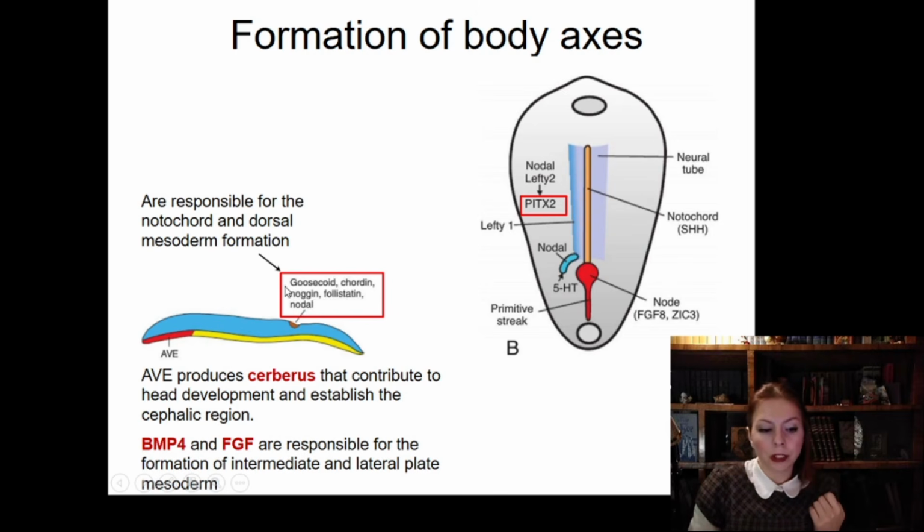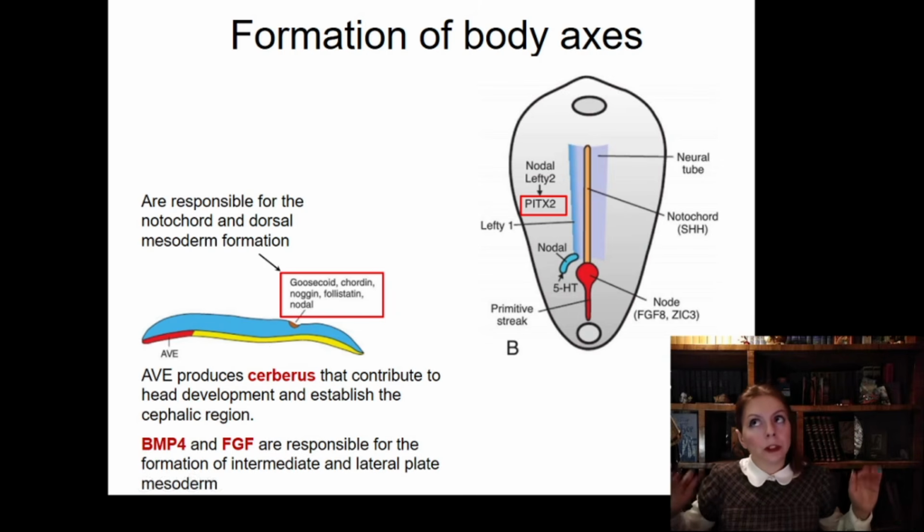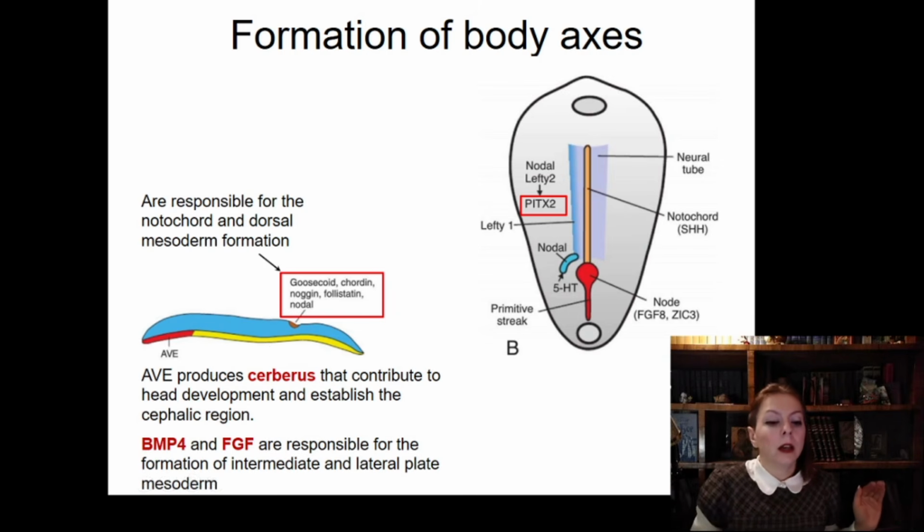Actually, if something is written with small letters, it means proteins. If with capital letters, this means genes. Okay, so they're responsible for the notochord and dorsal mesoderm formation. Then the remaining mesoderm, located more laterally, is specified by bone morphogenetic protein 4 and fibroblast growth factor as well.